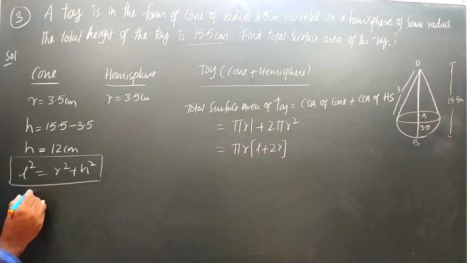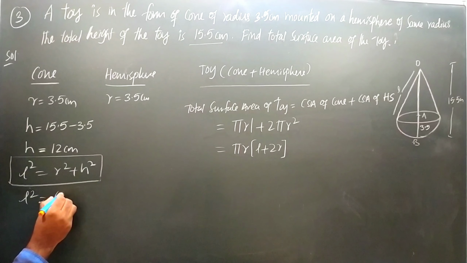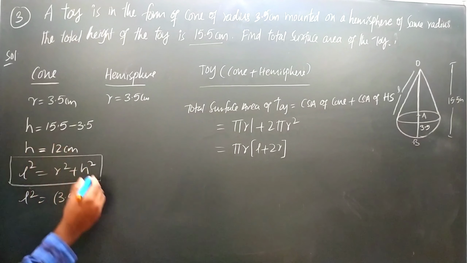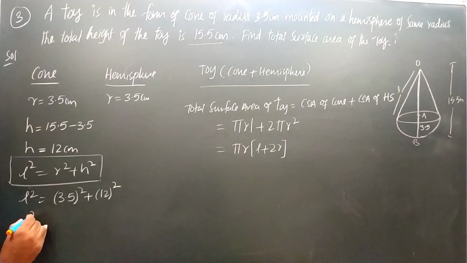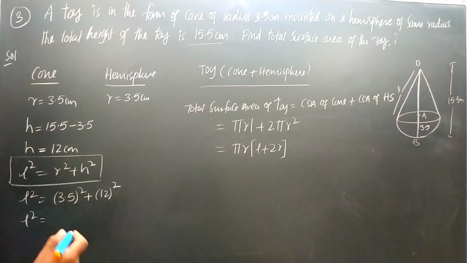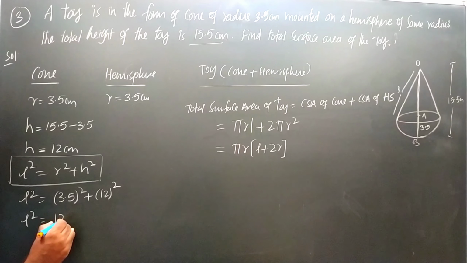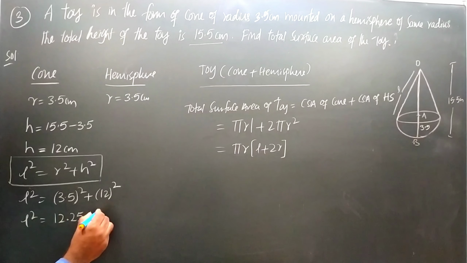So L square is equals to r value is 3.5. That means 3.5 square plus H is 12 square. So L square is equals to 35 into 35, 3 4s are 12, 1225. So 12.25 plus 12 square is 144.